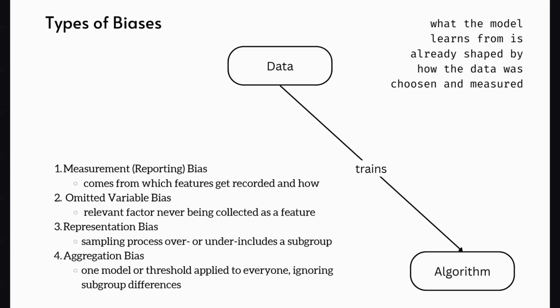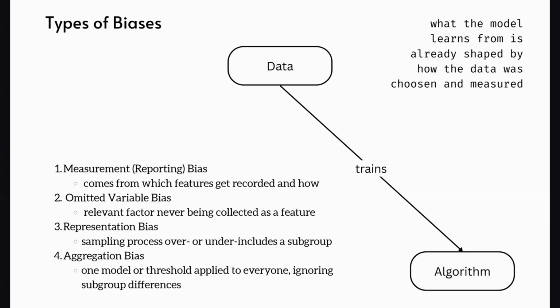Here you can say whatever the model learns is only as good as how nicely the data was collected, chosen, measured and used. There are four biases that exist on the data to algorithm edge, that is, the dataset used to train the algorithm.